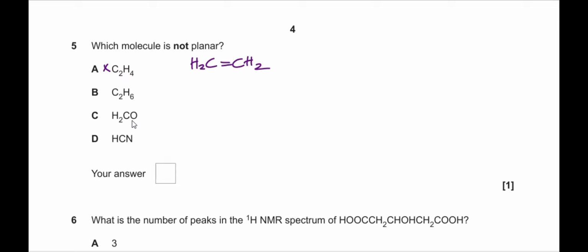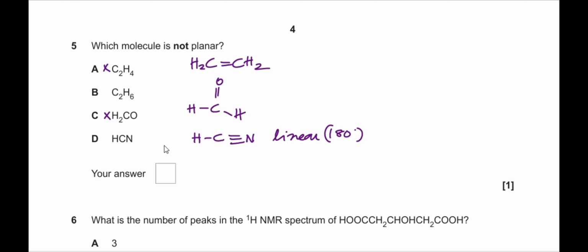Let's look at this H2CO. H2CO is formaldehyde. It has got a double bond because it has got the aldehyde group, and therefore it's also flat in shape. It cannot be our answer. HCN is hydrogen cyanide. It has got a triple bond and it has got a linear shape, that is 180 degrees.